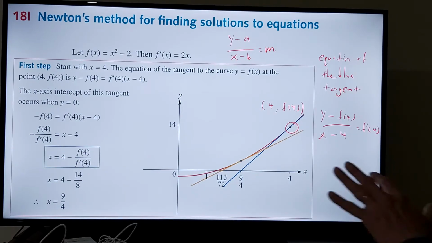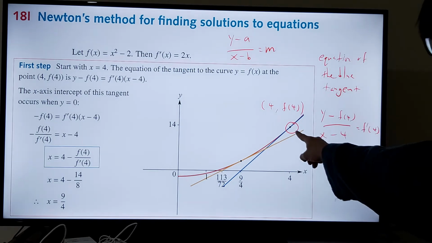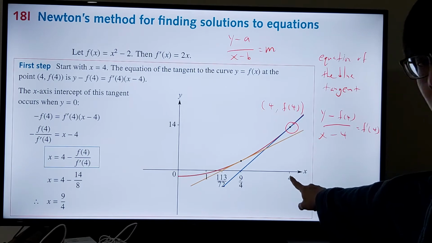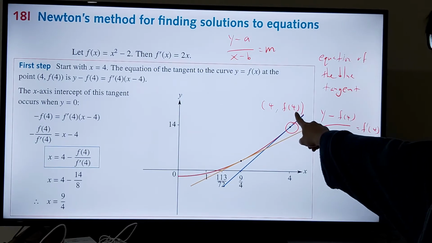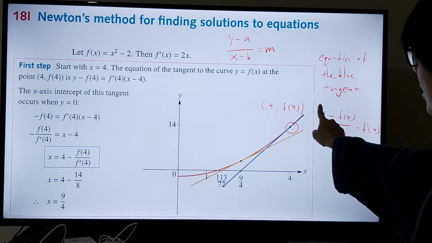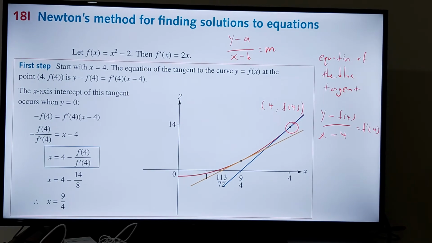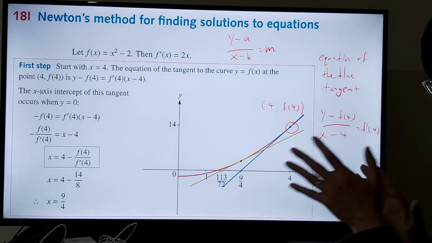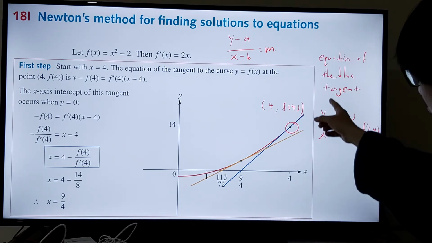Now the technical part. This point has x equals 4, y equals f(4), right? Then what is the gradient of this blue line, this tangent? The gradient is f prime. I hope you still remember chapter 17. f prime is the derivative, so it is the function of the gradient.